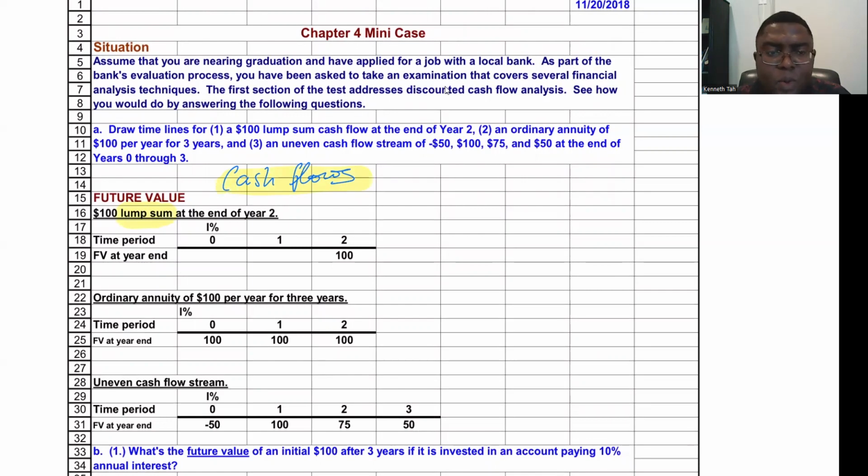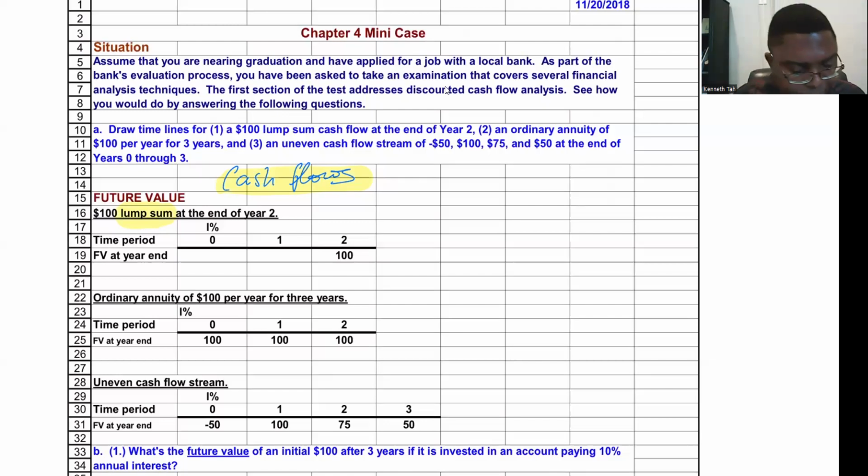In 3 years, I'm going to be getting $5,000. We can look at this example, a $100 lump sum at the end of 2 years. You notice that year one comes and it's over. Year two, there is a $100 lump sum. So that is a lump sum.